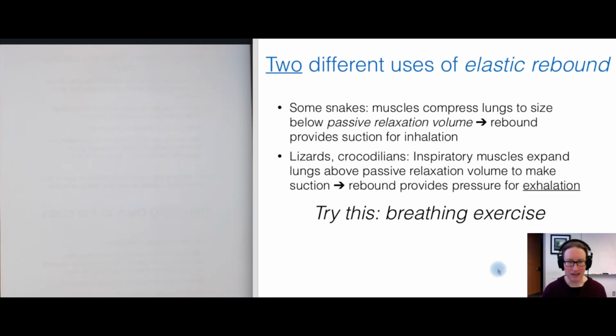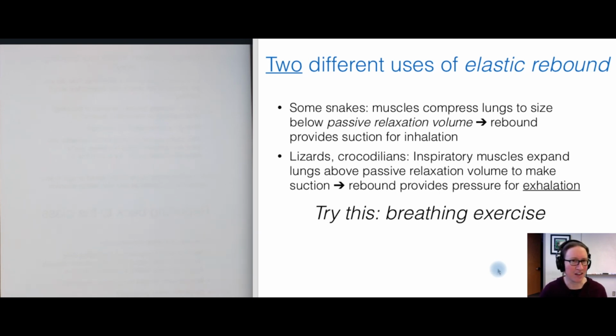If we want to breathe like a snake, you're going to exhale as far as you can, and then relax, and you'll notice that you'll be able to draw some air in, right? So you're going to forcefully relax like this. And then that rebound is providing the suction for inhalation, generating the pressure forces.